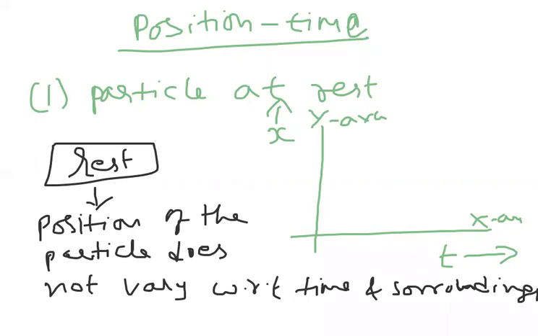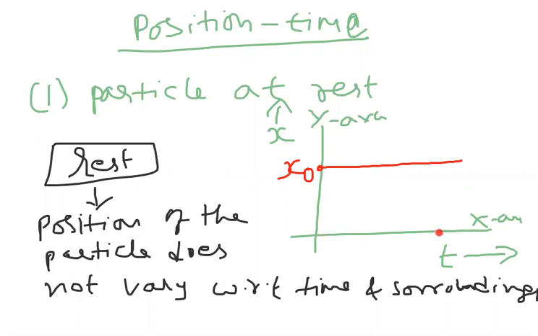Now, if you observe here, suppose the initial position is x0. If you draw one line parallel to the x-axis, observe carefully, time is taken on the x-axis. Suppose 0 time, 1 second, 2 seconds, 3 seconds, 4 seconds, 5 seconds, like that on the x-axis.